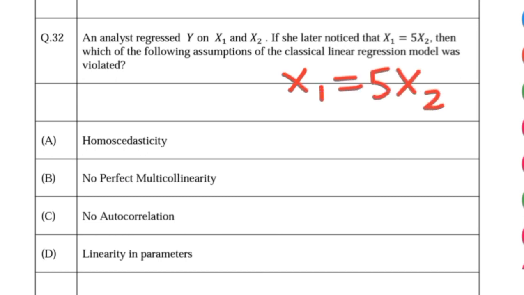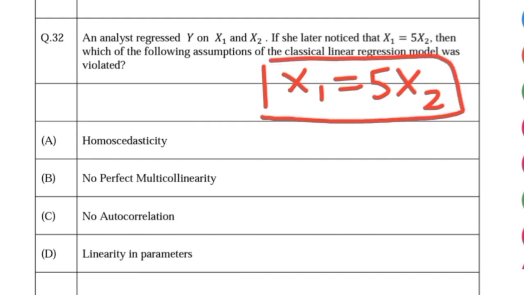So both are independent variables. If they are related with each other, I guess the correct option should be no perfect multicollinearity. This assumption must have been violated when the independent variables are correlated with each other.